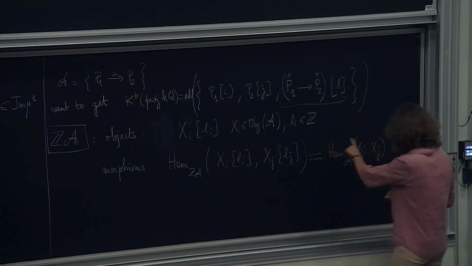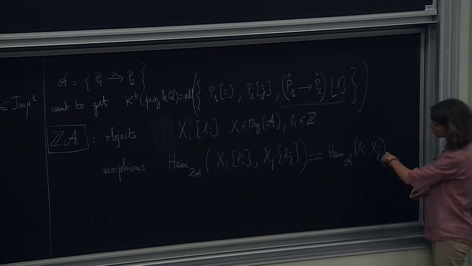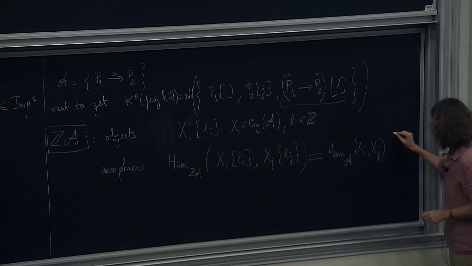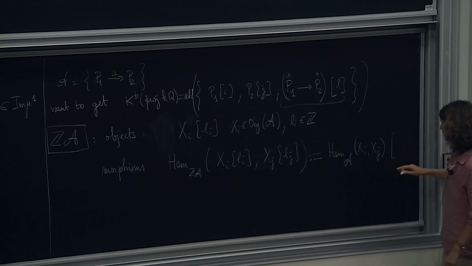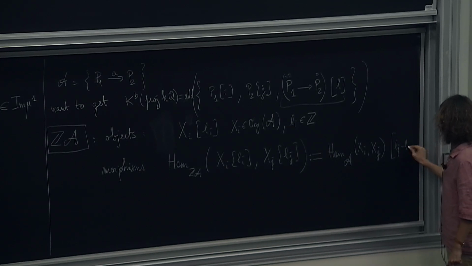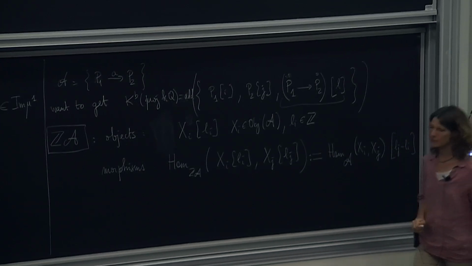And so this is a graded vector space, and I shift it by lj minus li. So what does it mean?